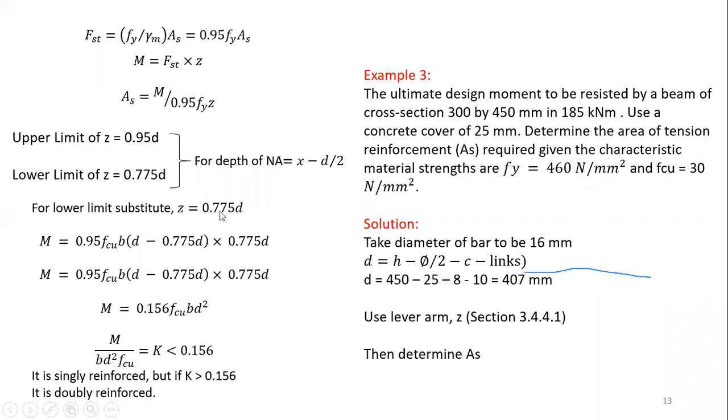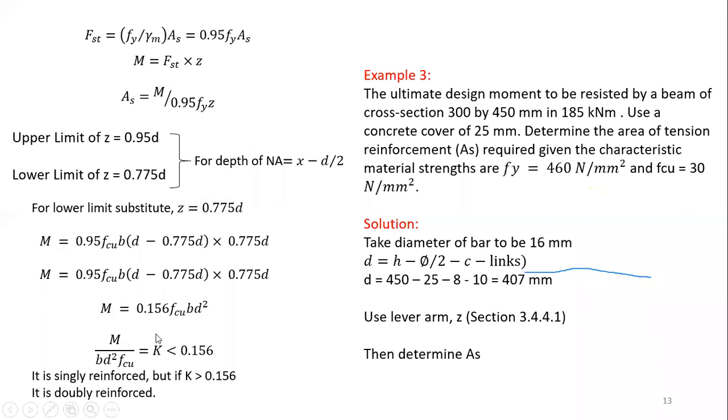Then it will be at Z of 0.775 D. This is a conservative value. If you put the value of Z in the other equation that we had determined before, when you open it up, you have M is equal to 0.156 fcu b d squared.